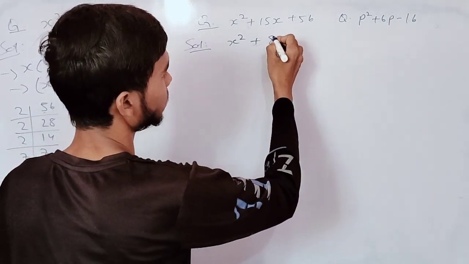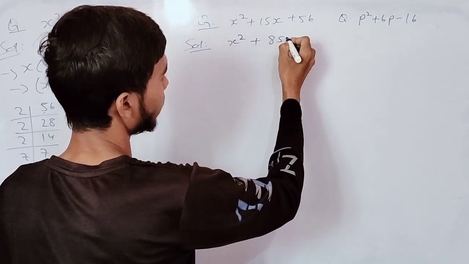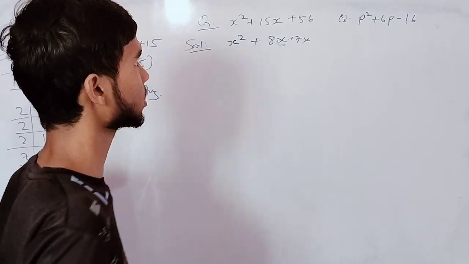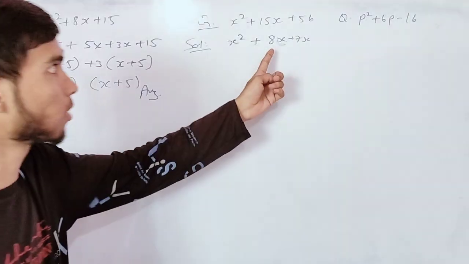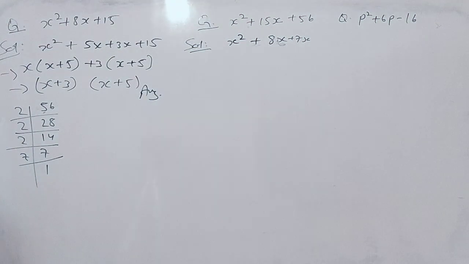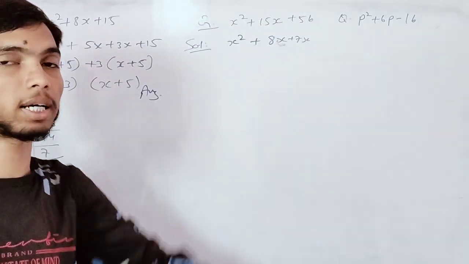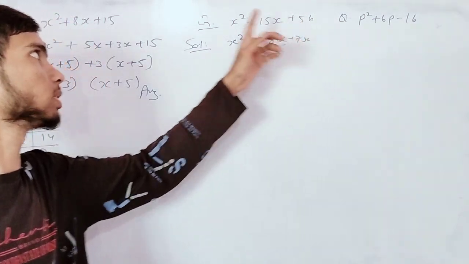So here the addition of 8x plus 7x will give us 15x. Now when we multiply 8 by 7, it will give us 56.